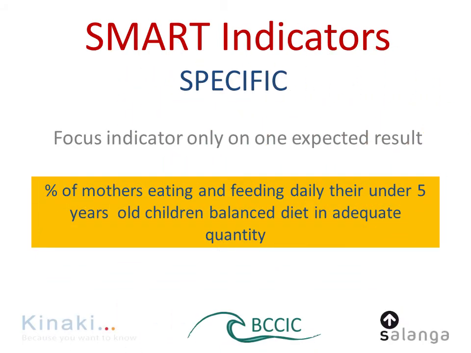Okay, so indicators should be specific. What do we actually mean by saying that it should be specific? Well, for example, it should at least focus on one thing, measuring only one thing. Why is that? We try to squeeze too many things into one indicator, and sometimes we have no other options, especially when we are limited on the number of indicators that we can use, or some indicators may be very closely tied to each other.